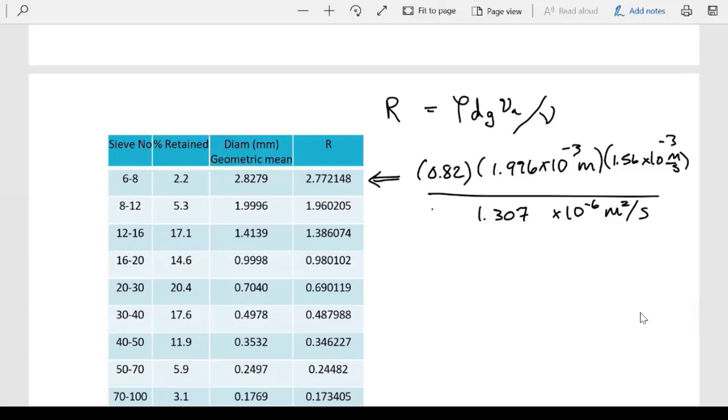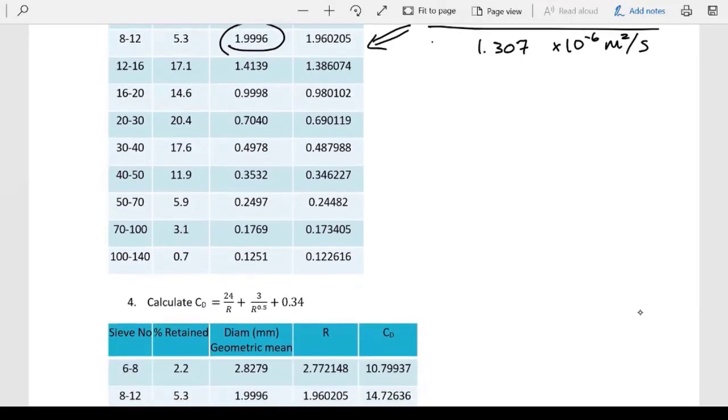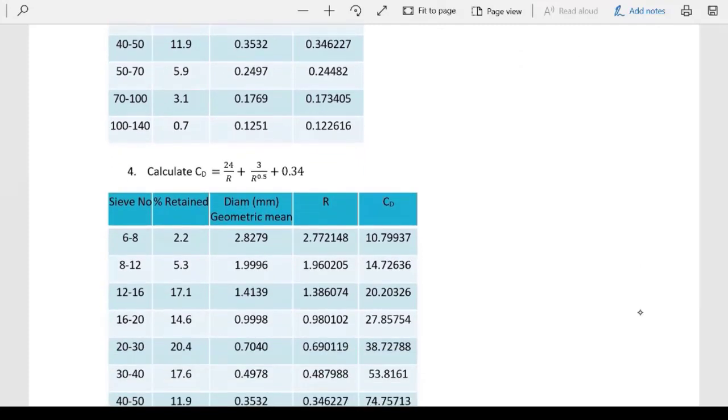This is this value right here, so we've used this diameter. We can do this on an Excel spreadsheet, which is basically where all of this data is from. So the next thing we want to do is calculate the coefficient of drag.